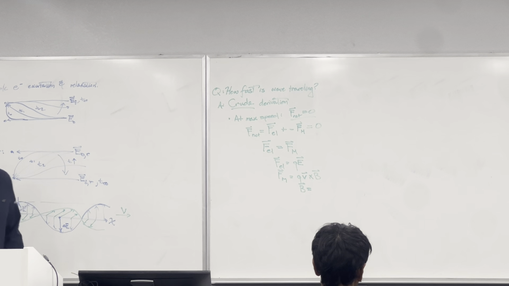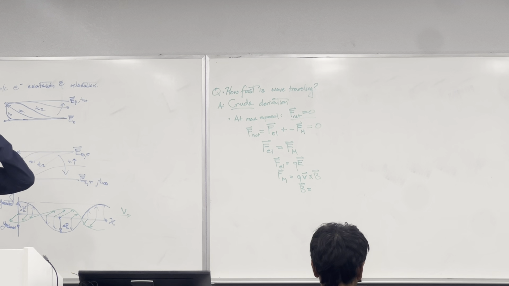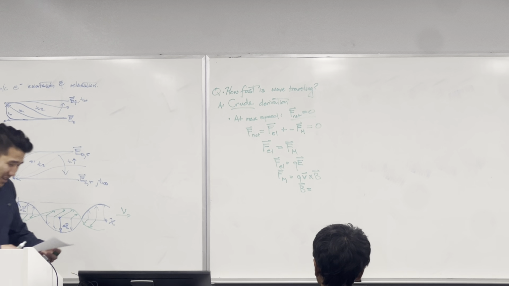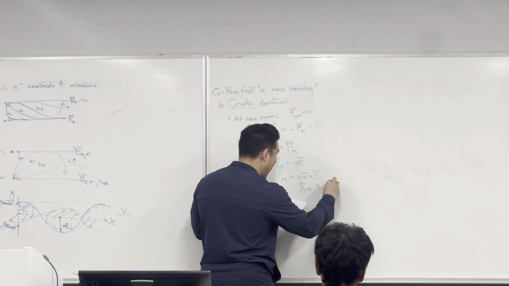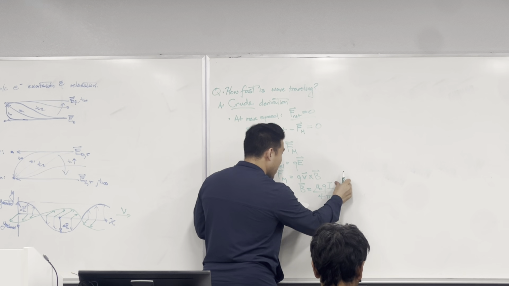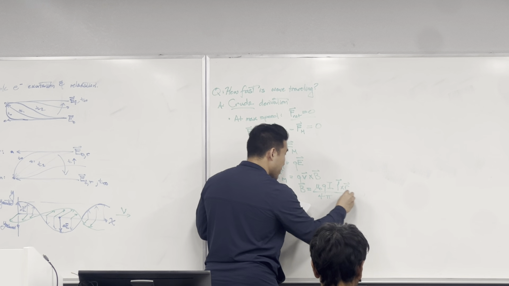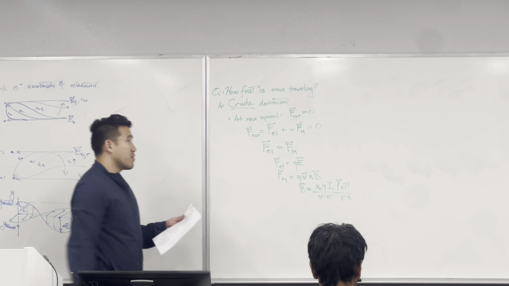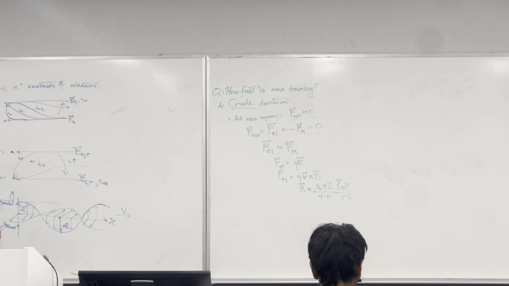Now, due to cancellation of classes, I did have to skip a short section in the magnetism portion, and apparently that's when I gave this equation. But the equation is mu naught Q I L cross R over 4 pi R squared.